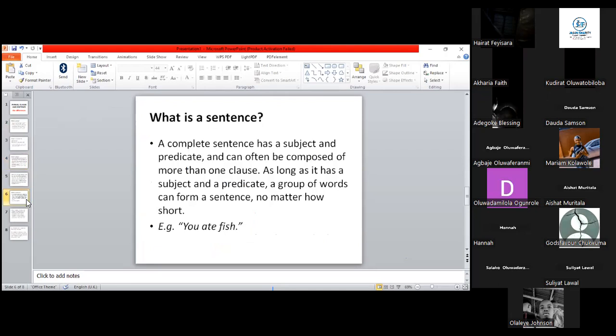Moving up to a sentence, we said a complete sentence has a subject and a predicate, more like saying a sentence has the same definition as a clause.